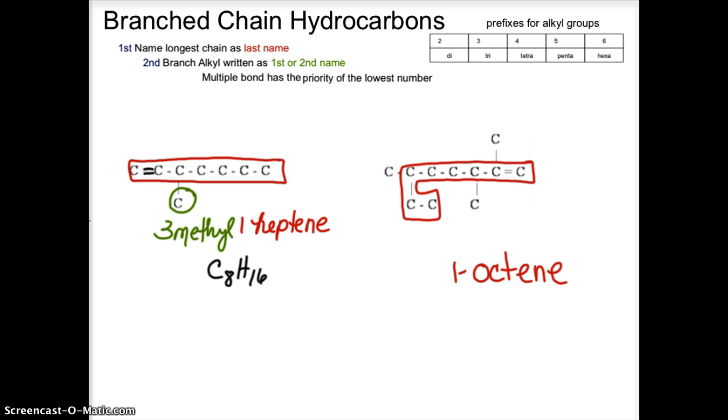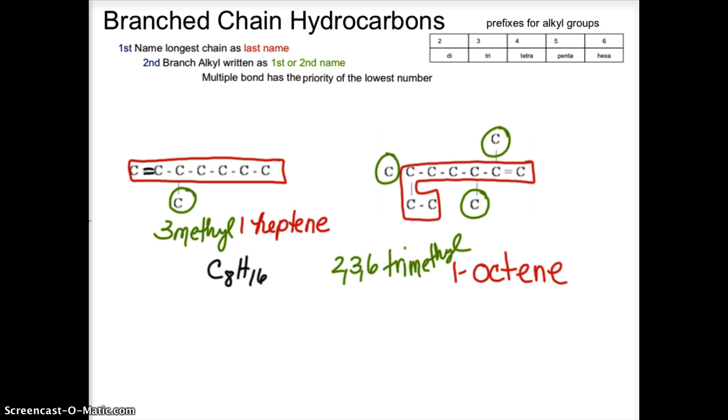Now I'm going to look at where the branches are. Notice that I've got a methyl here, a methyl here, and a methyl here. And they are positioned on the 2, 3, 6, and there's 3 methyls within that whole molecule, so I call it a trimethyl.